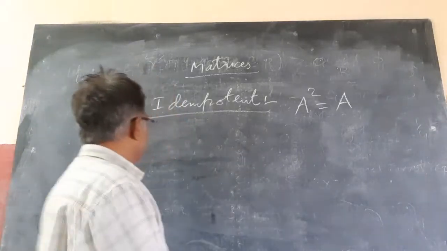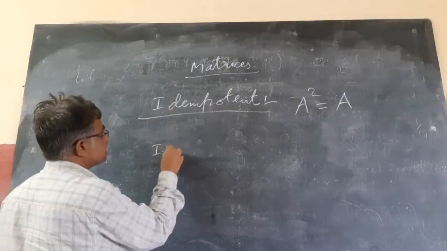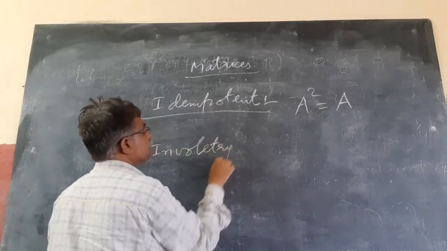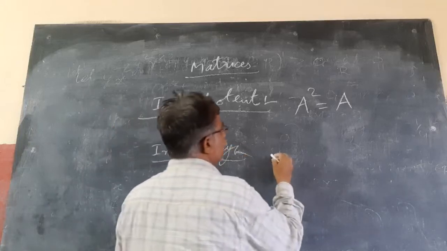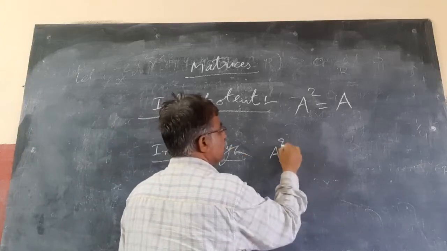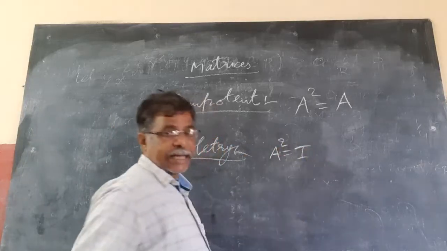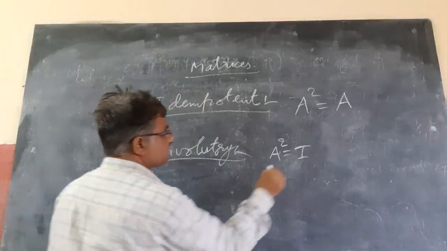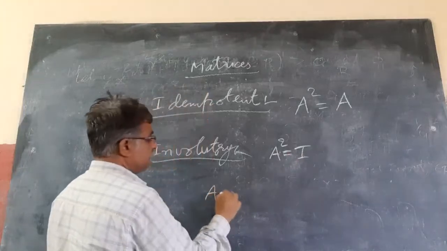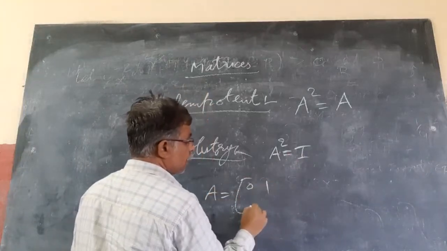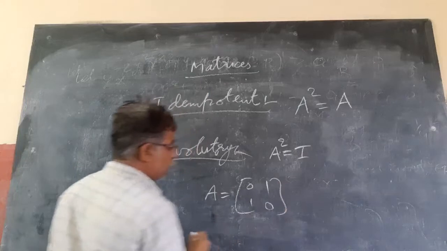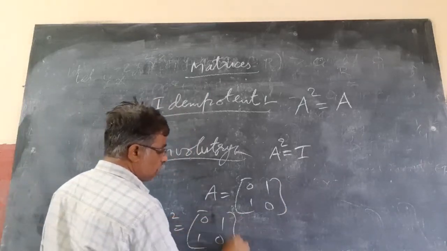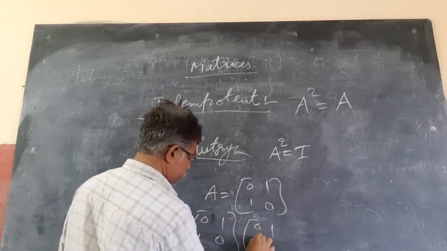And the next one is involutory matrix. Involutory matrix means A square equals I. An example of an involutory matrix: A equals 0, 1, 1, 0. What is A square here? A square is 0, 1, 1, 0 into 0, 1, 1, 0.